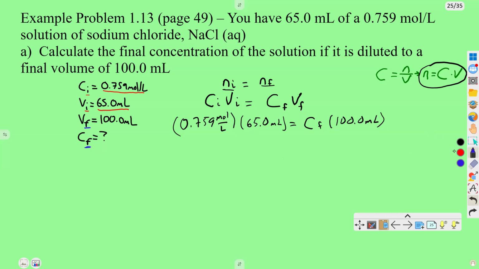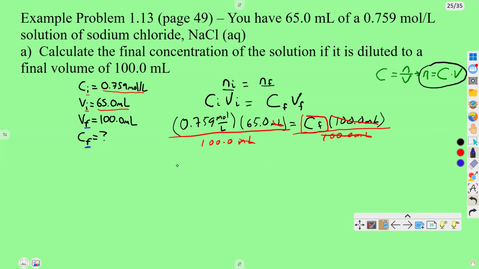When we look at isolating our final concentration, we want to divide both sides by the volume. Just like over here, the 100 milliliters cancels out the 100 milliliters. We're not canceling out the 100, but we are canceling out the milliliters.